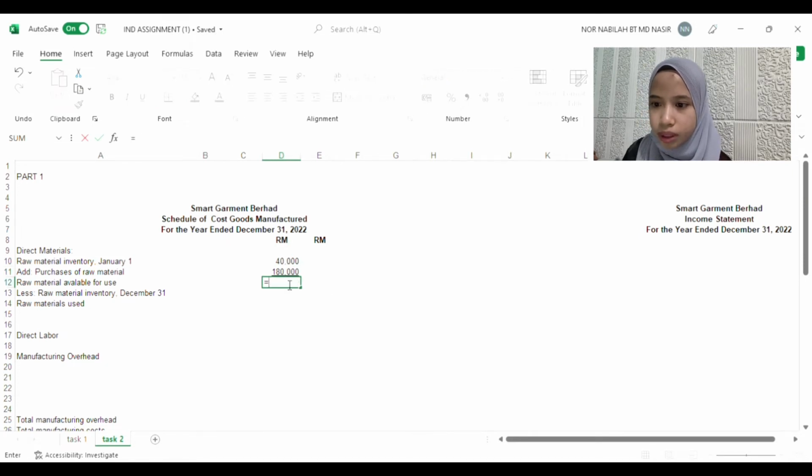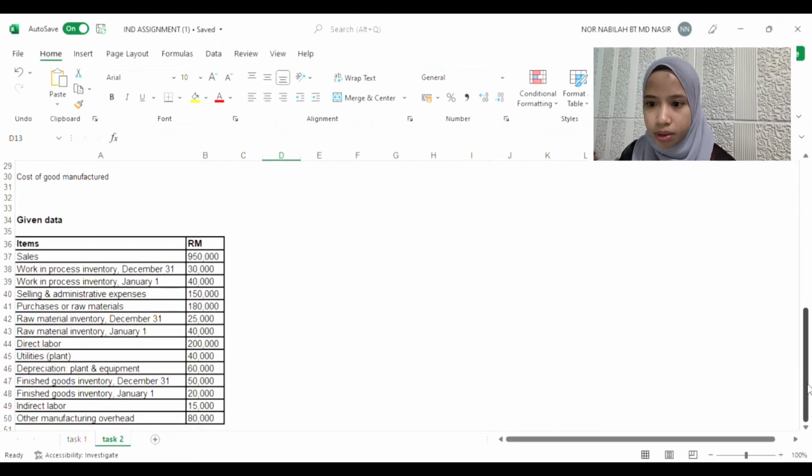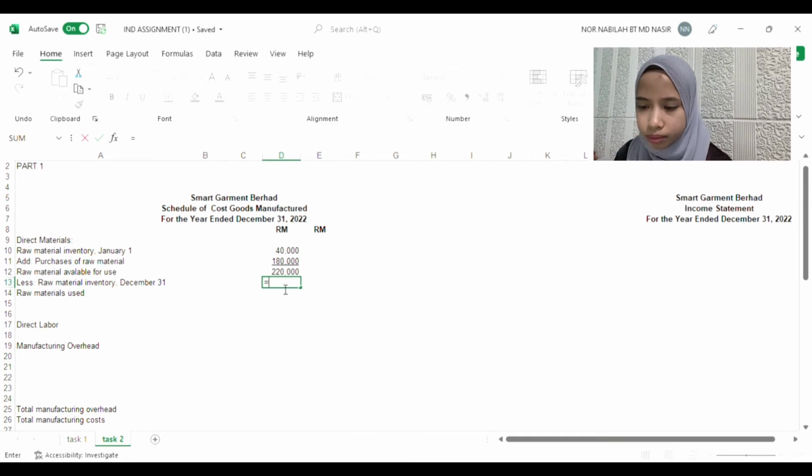So raw material available for use: we add the raw material inventory January 1 with the purchase of raw material, and the total is 220,000.